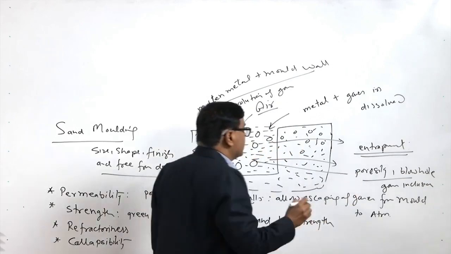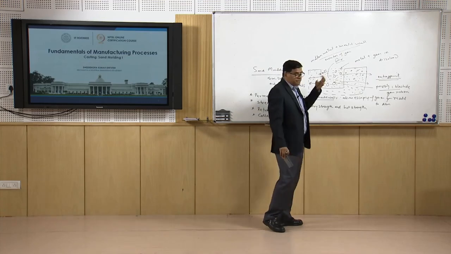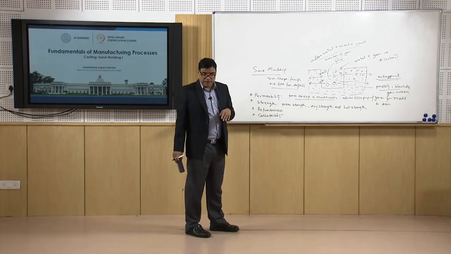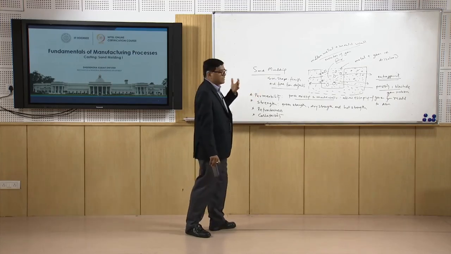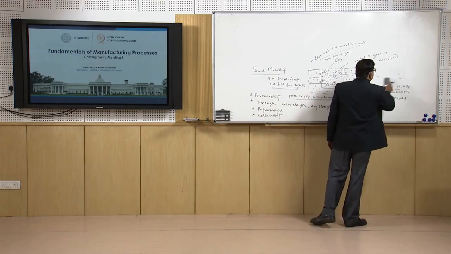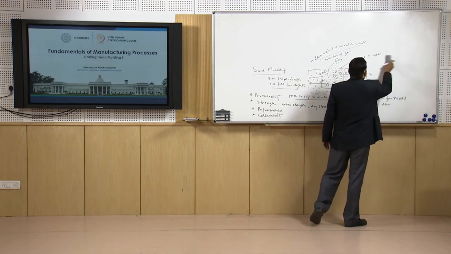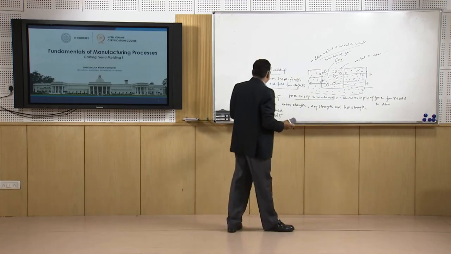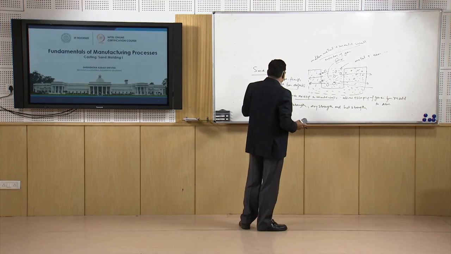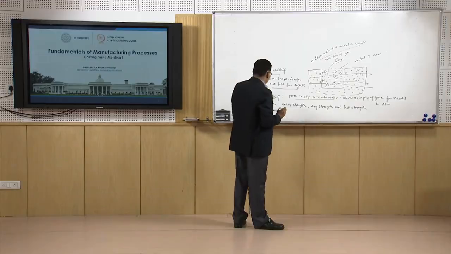These are defects, and their presence makes the casting of lower capability in terms of the ability to take up load, or increases sensitivity to corrosion, or the tendency of failure during service. So, in order to avoid such undesirable features related to the presence of gases in the casting, it is necessary that the permeability of the mold is quite good.